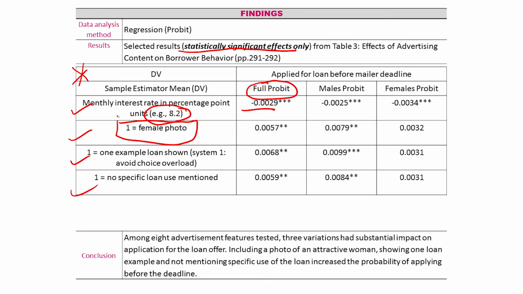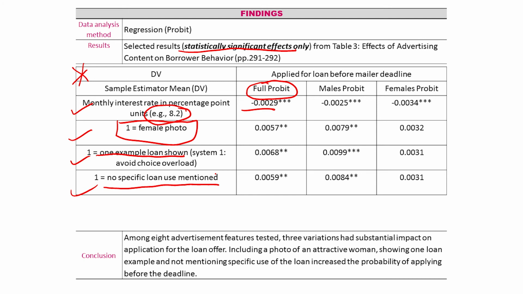Likewise, providing only 1 example of a loan increased the likelihood that the loan was taken up. And finally, mentioning no specific uses of the loan also increased the likelihood that the loan was taken up.